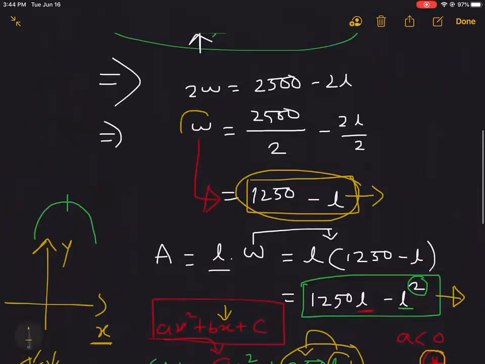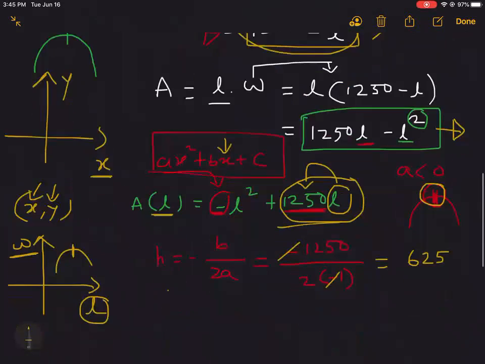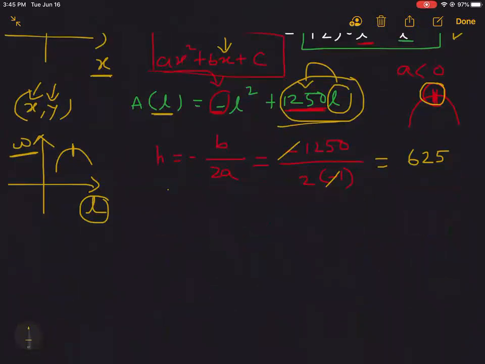As we already have W here, we can just plug in the value of L here. So let's do that. That is actually our L for the vertex.